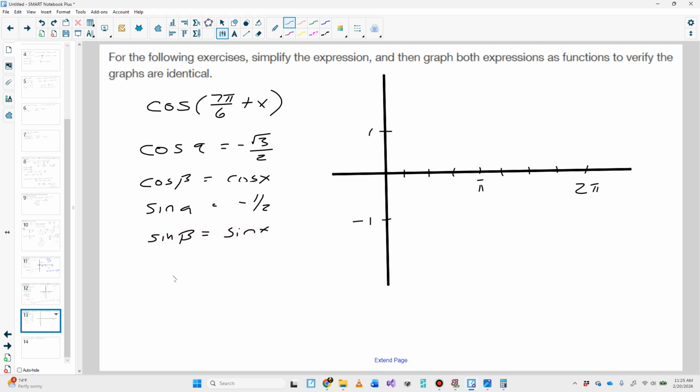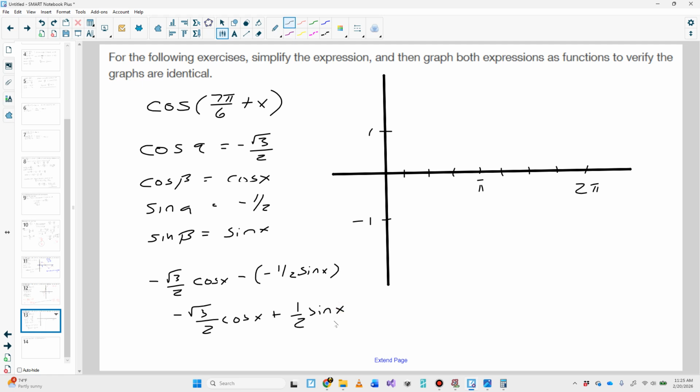Then we use the sum, so cosine of alpha, which is negative square root of 3 over 2, times the cosine of beta, which is cosine x. That's going to be minus the sine of alpha, which is minus 1/2, times sine x. Well, that's just going to be the square root of 3 over 2 cosine x plus 1/2 sine x.